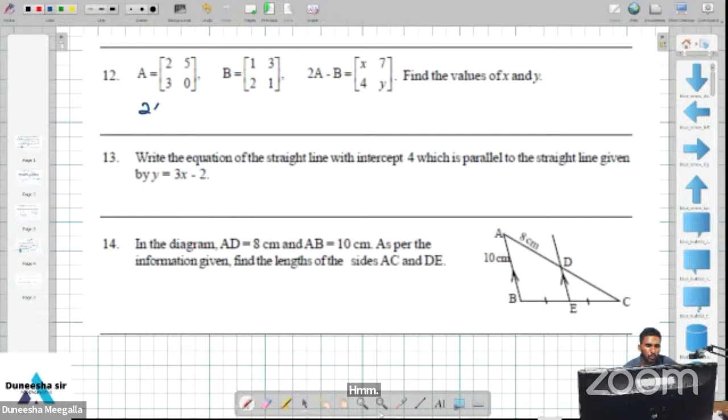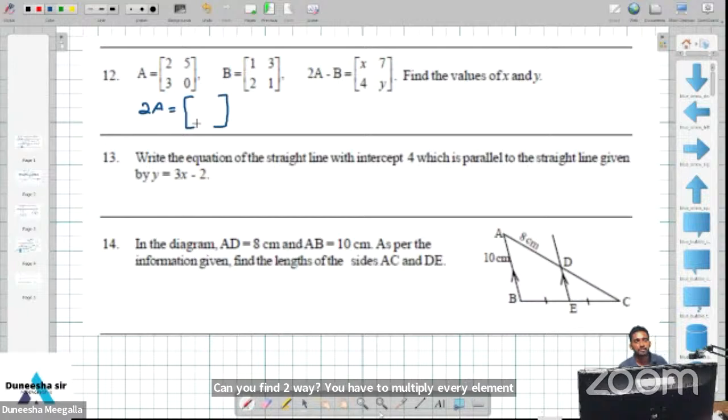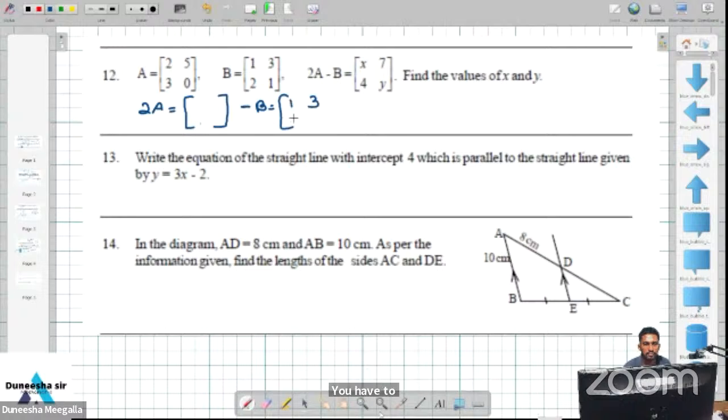Can you find 2a? You have to multiply every element in the matrix by 2. Can you get it? And b is the same. What is the first 2a?